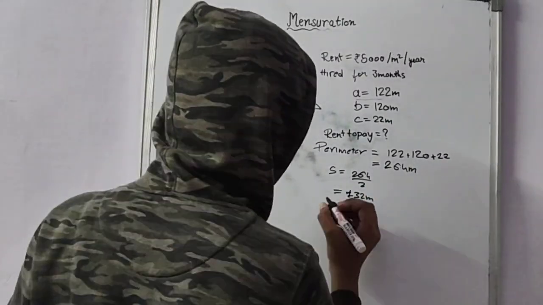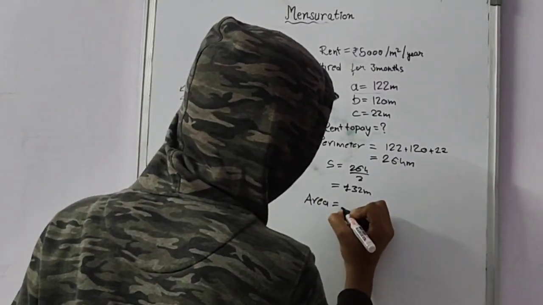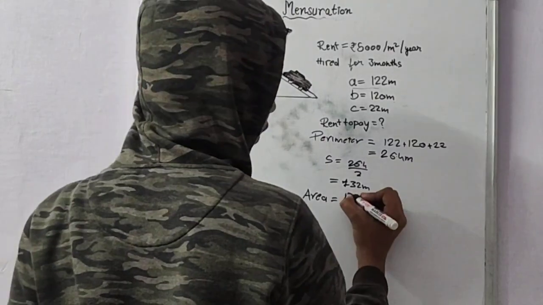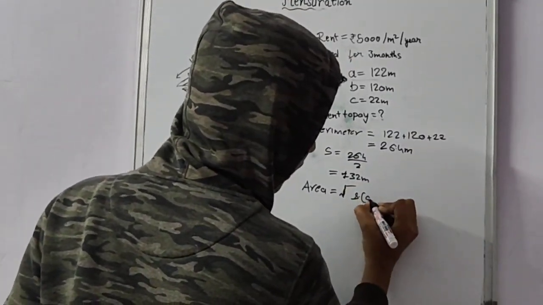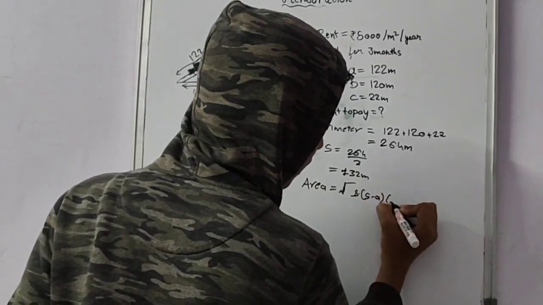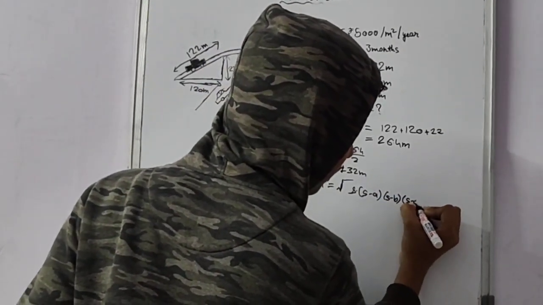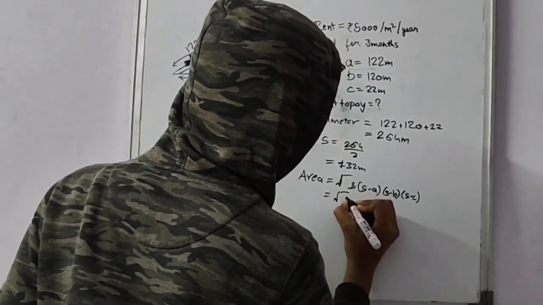So what's the area? Area equal to under root S into S minus A, S minus B, S minus C.